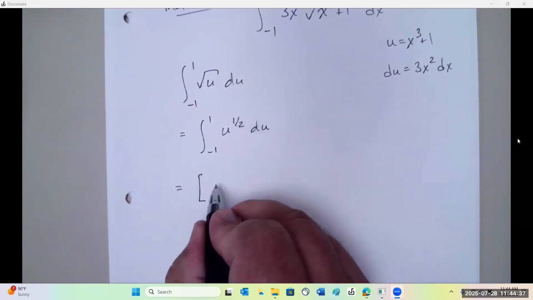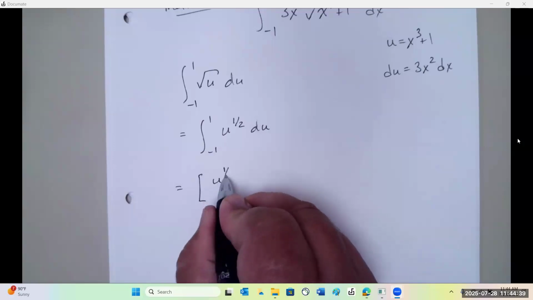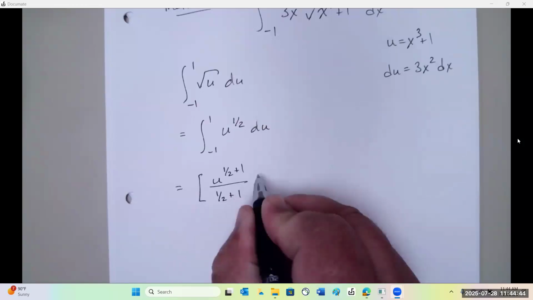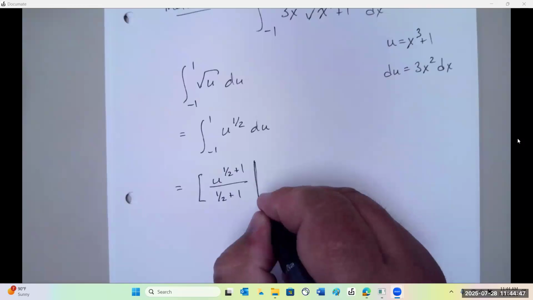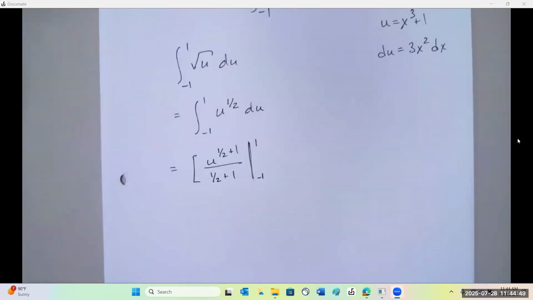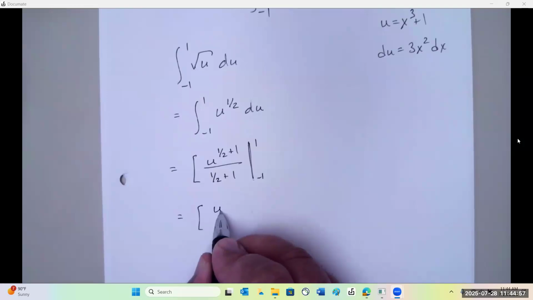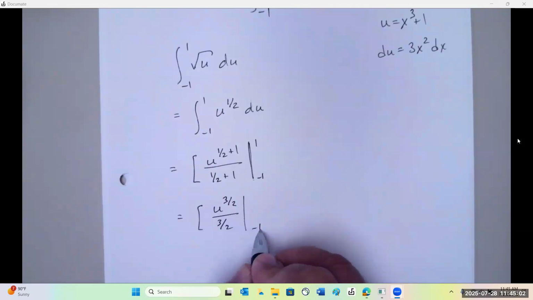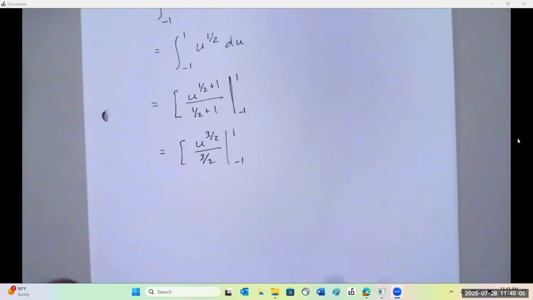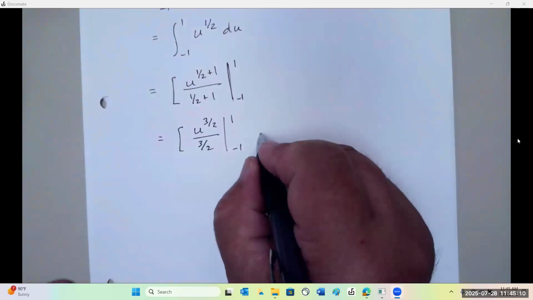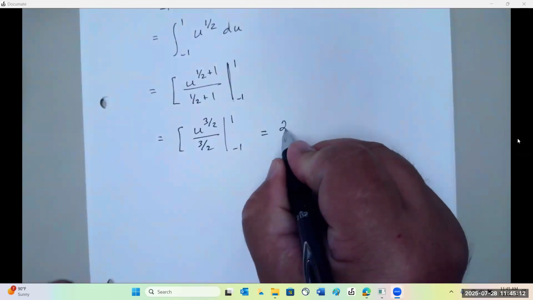So the integral of u to the 1/2, we add 1, and whatever the exponent is, it becomes u to the 3/2 over 3/2 from -1 to 1. Flip the bottom.